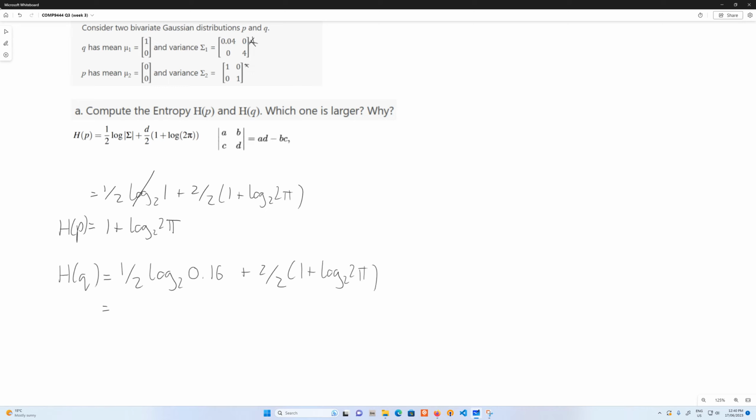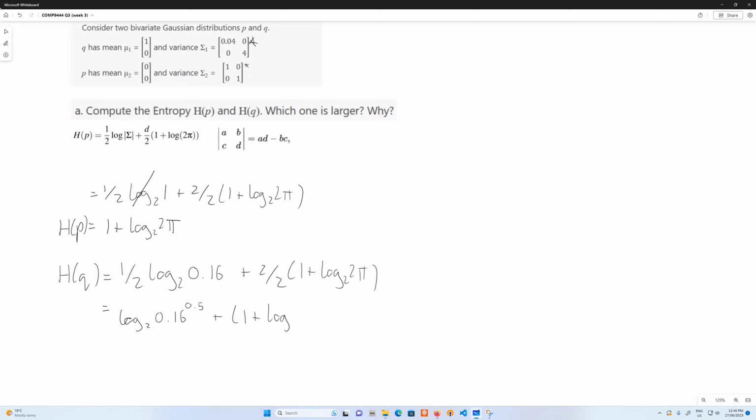Distribution P was easy because this first term evaluated to 0, but this one's slightly different. Using our log rules, we can change this into log 0.16 to the power of a half. I'll just write 0.5 there. 2 divided by 2 is 1, so we'll just forget about that.